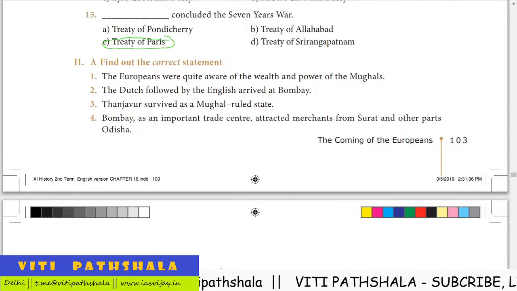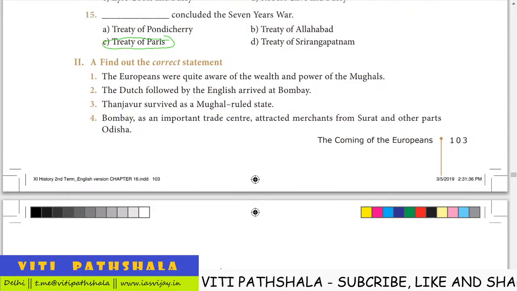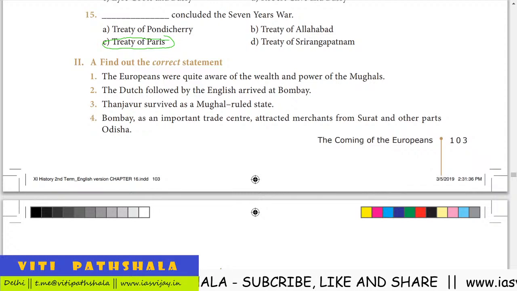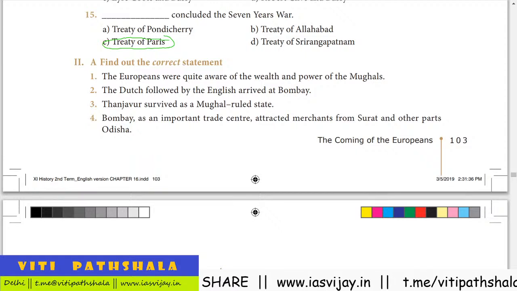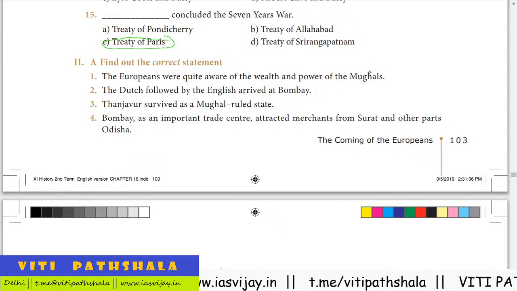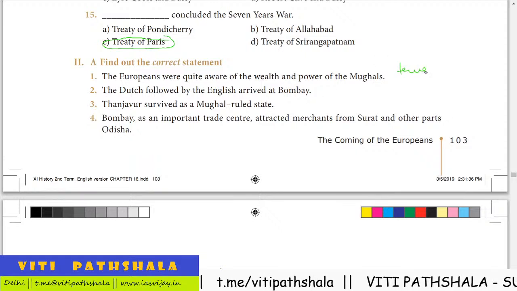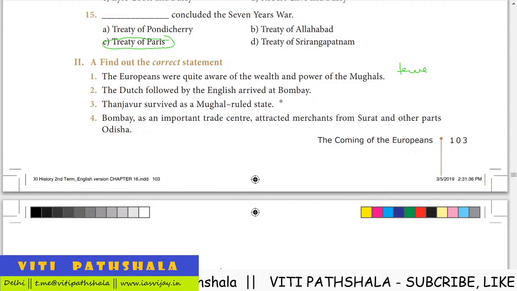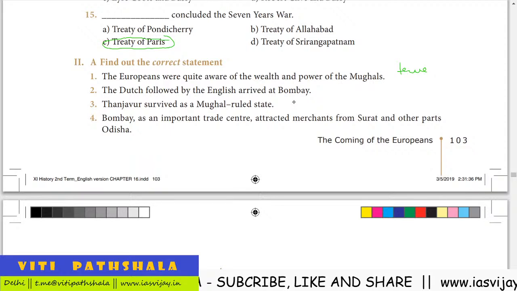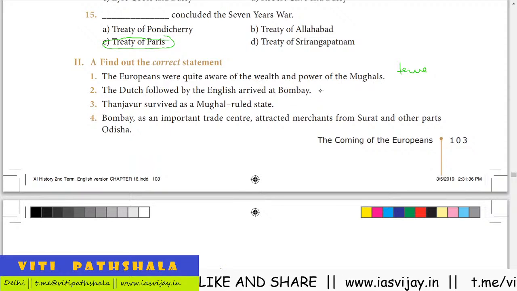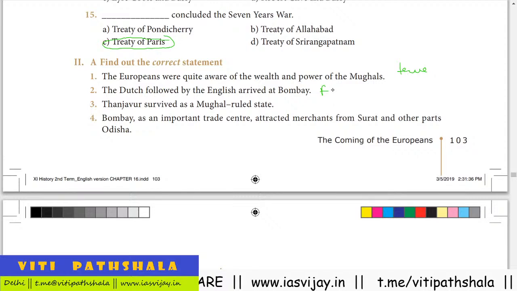Now find out the correct statement. इनमें से statement correct कौन सी है? The Europeans were quite aware of the wealth and the power of the Mughals. Yes, this is correct, true. The Dutch followed the English, arrived at Bombay. False.